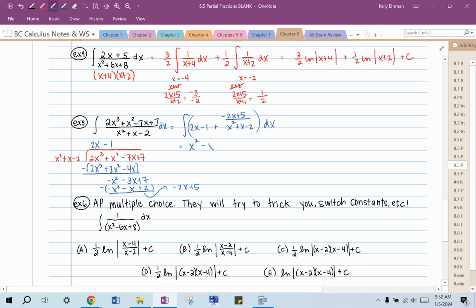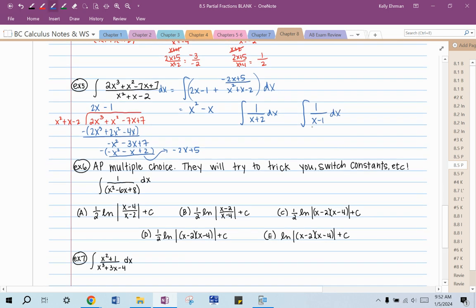Minus 1 becomes minus x. And then our integral here, this last term, we need to set up. Let's leave some space actually. We've got 1 over, how does that factor? x plus 2. And then there's also going to be an integral of 1 over x minus 1.